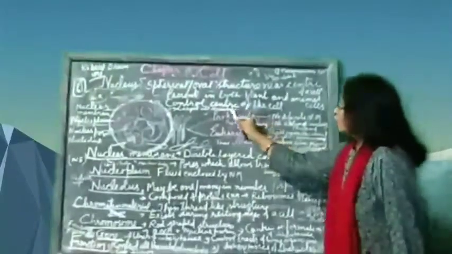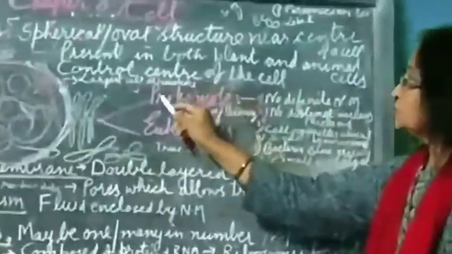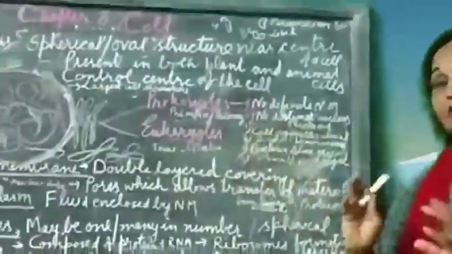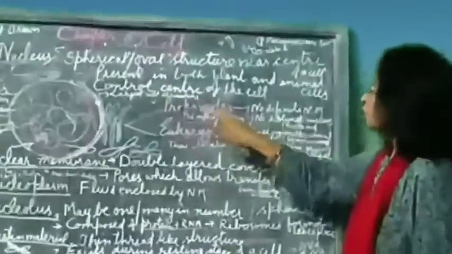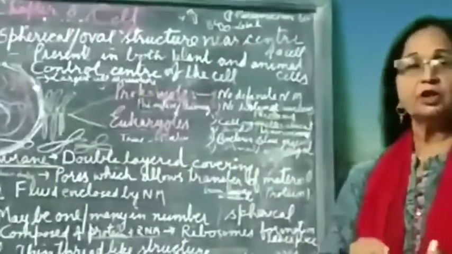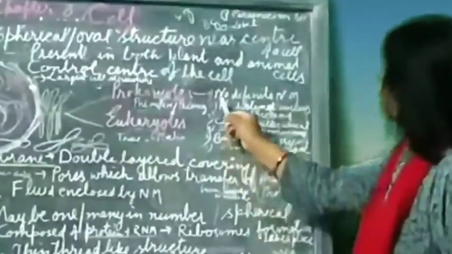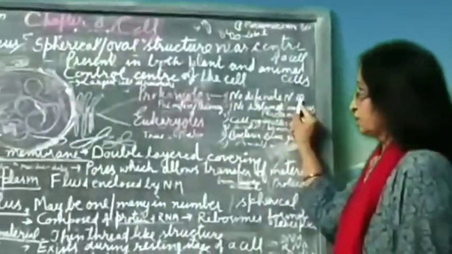So what does prokaryote mean? The organism which has a nucleus without a nuclear membrane is called a prokaryote. Here the nucleus is not surrounded by a nuclear membrane, so no definite nuclear membrane is there.